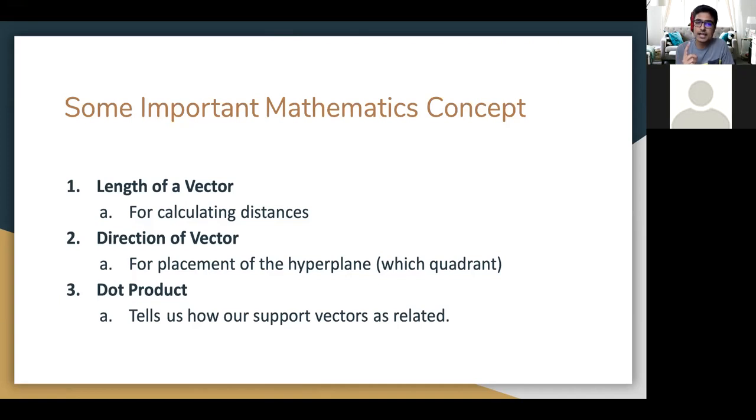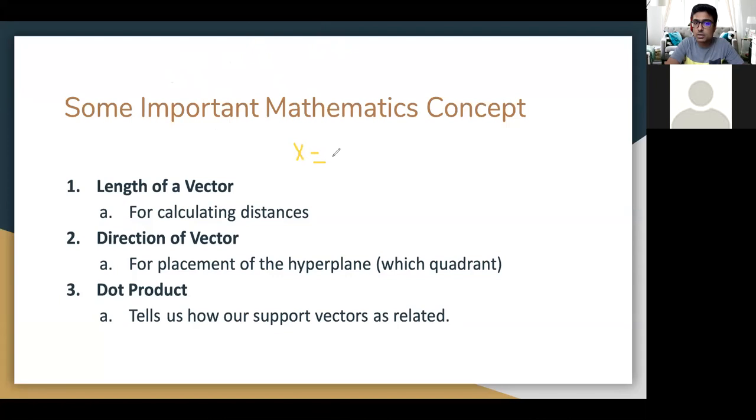The first one is that we have to calculate the length of our vectors. Sort of in the name, right? We've got the support vector machine algorithm and we've got support vector points. Well, in order to calculate the distance between the points and the data points, we use, if you have heard of the Pythagorean theorem, in a sense, say we have a vector which is going to be represented as x.